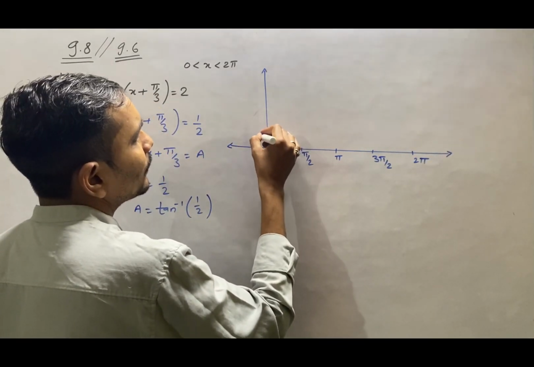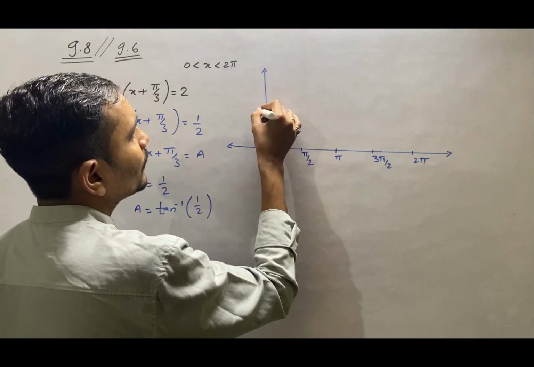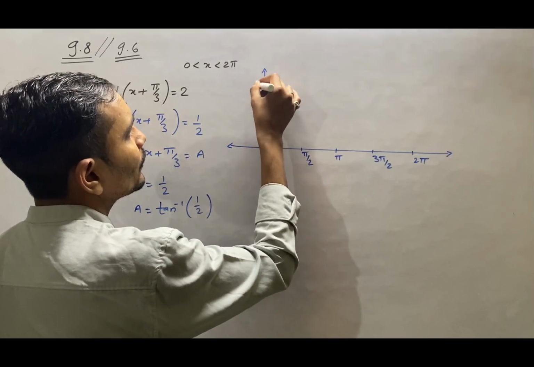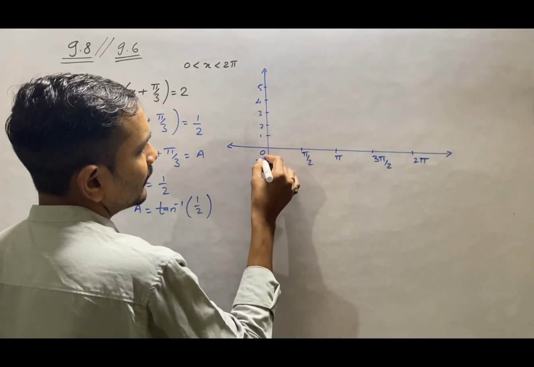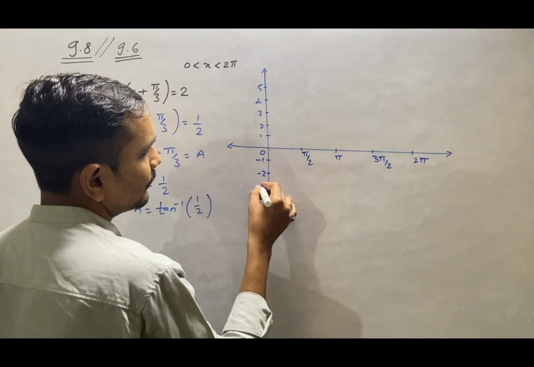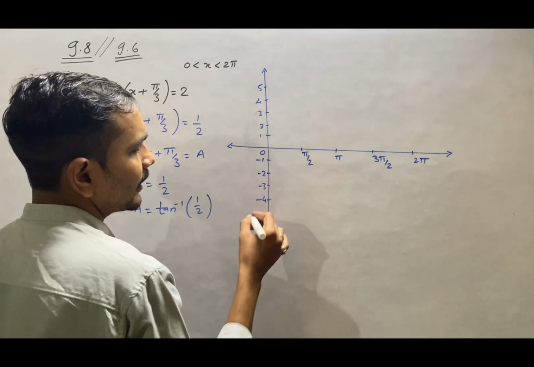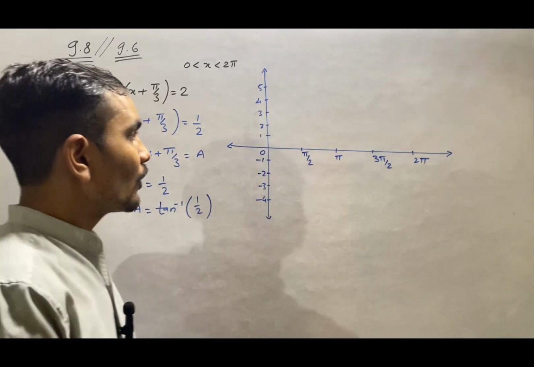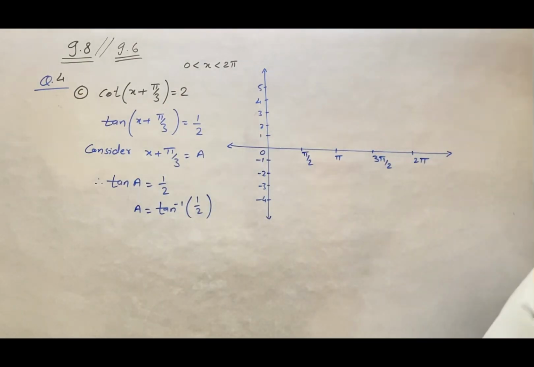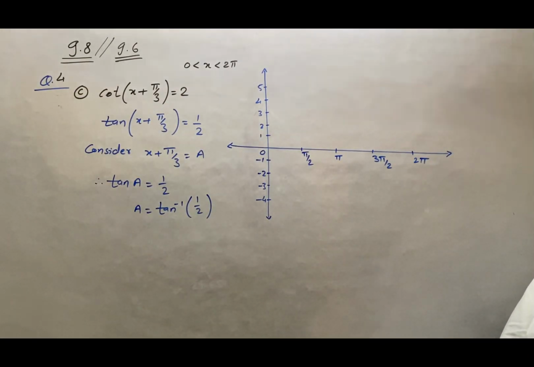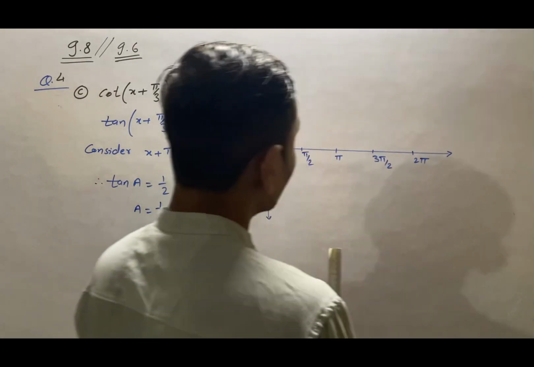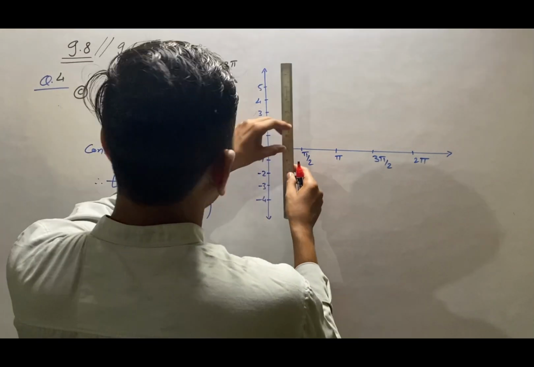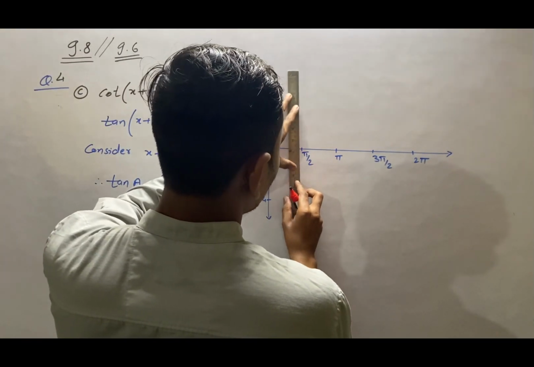Then 1, 2, 3, 4, 5, negative 1, negative 2, negative 3, negative 4, and so on. On which angles will we draw an asymptote line? Pi over 2 and 3 pi over 2.